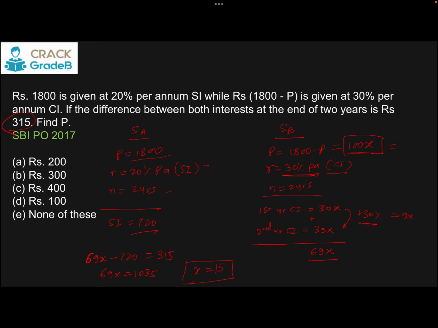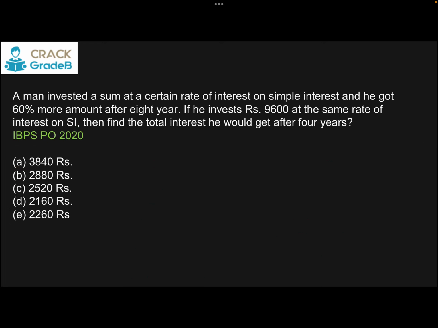If you put x is equal to 15 here, that is going to be 1500. Now 1500 is 1800 minus P. That gets the P as 300. The value of P will be 300. I hope you got this.